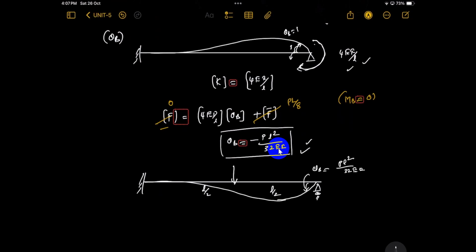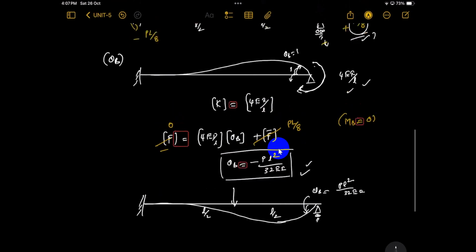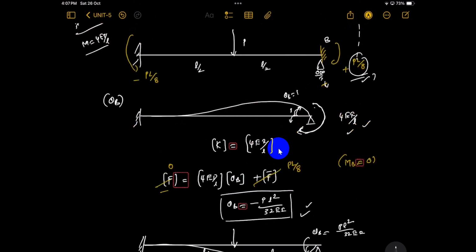You see it. So just now observe this meaning. If you arrest the degrees of freedom, you will get this amount of moment. But finally, we release that degree of freedom, delta B, theta B. In that direction, if you release 1 unit, you will get this amount of force.